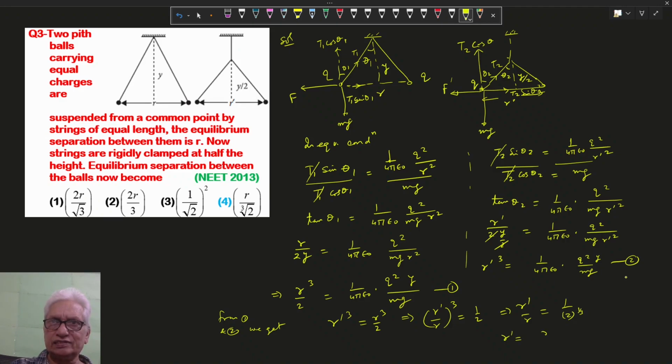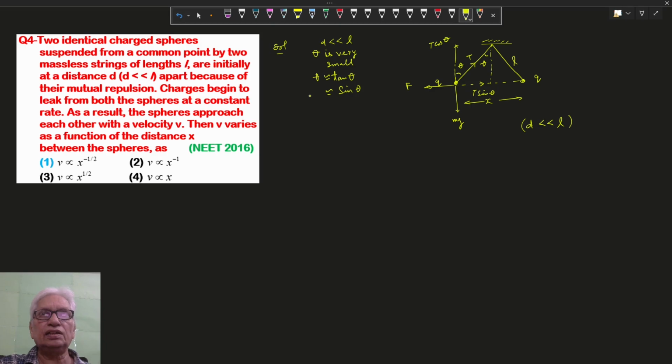So r dash equals r upon 2 to the power 1 by 3. So here we have the value of r dash. Option 4 is correct.